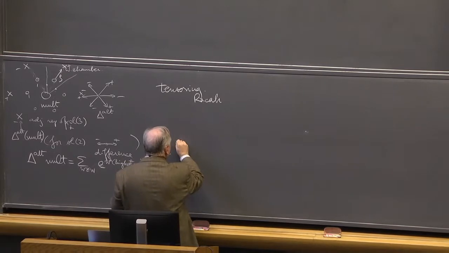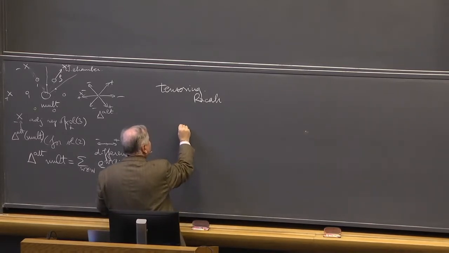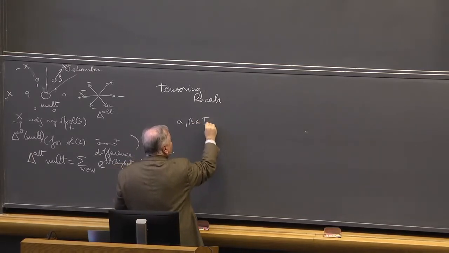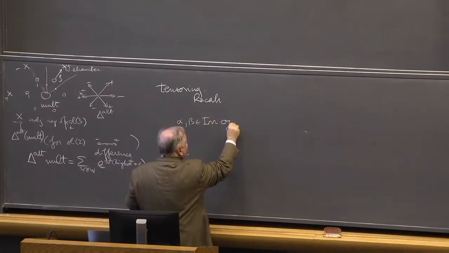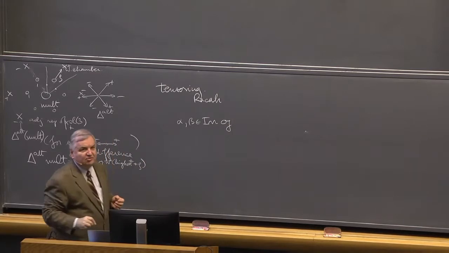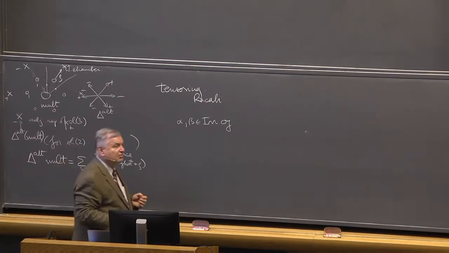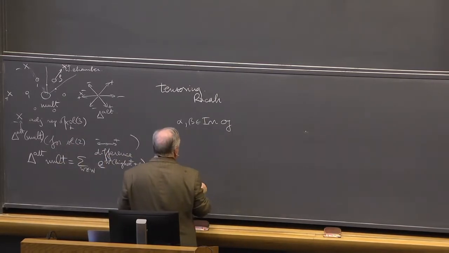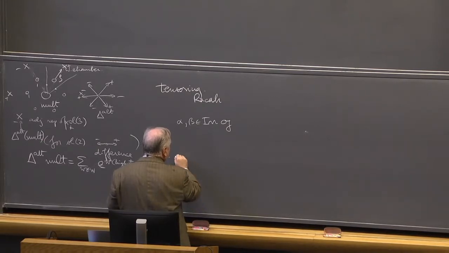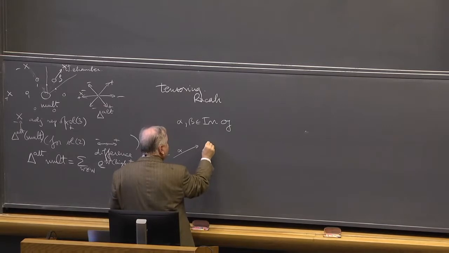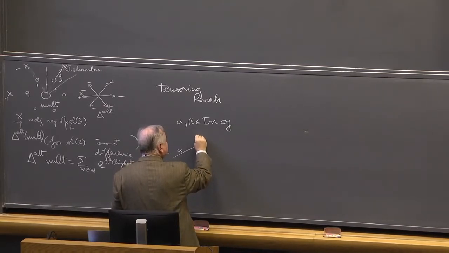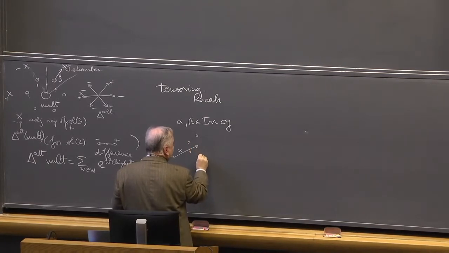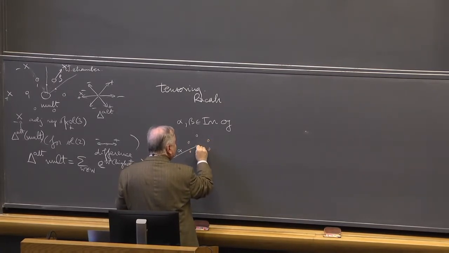Namely, if you want to tensor two irreducibles, alpha, beta, in the irreducibles of one of these simple algebras, G, then you can take alpha, then put here the multiplicities of beta.